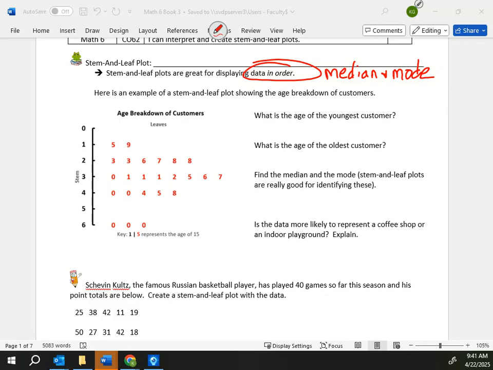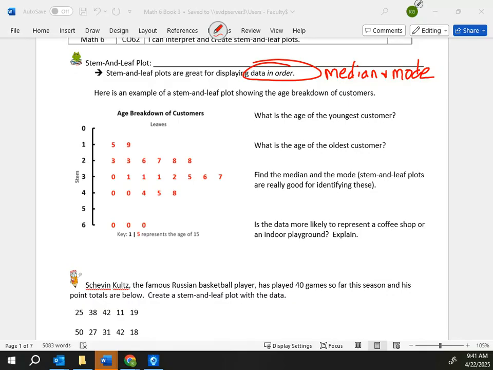What is the important thing we need to remember about the stem and leaf plot? Bennett? The numbers are actually large because they're actually like 15s and 20s.